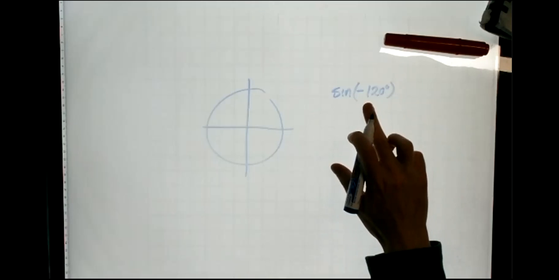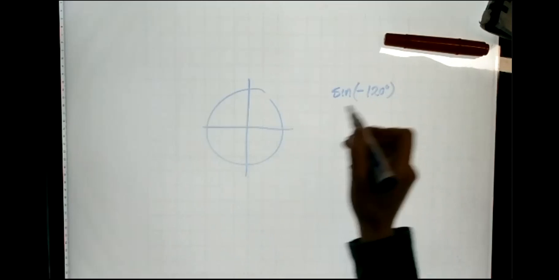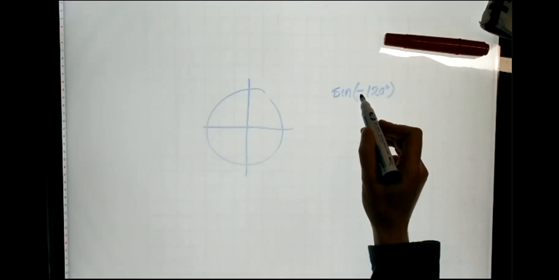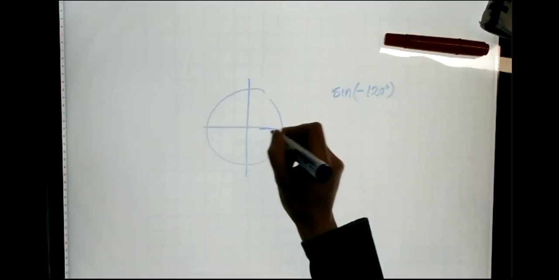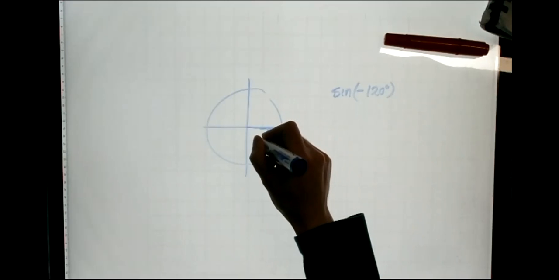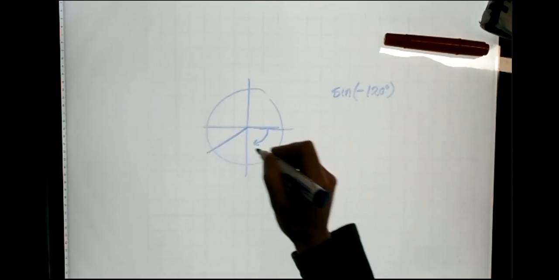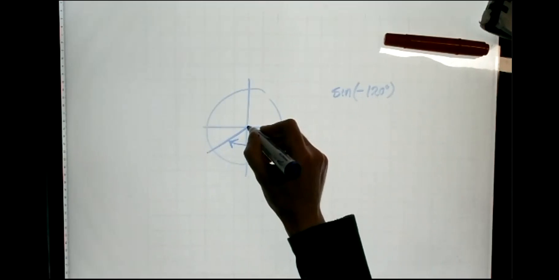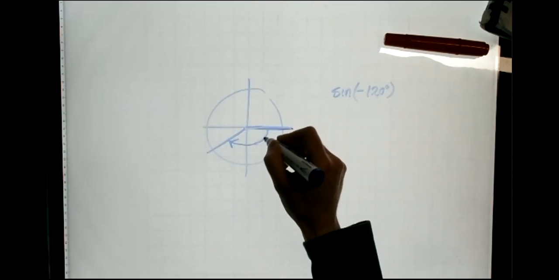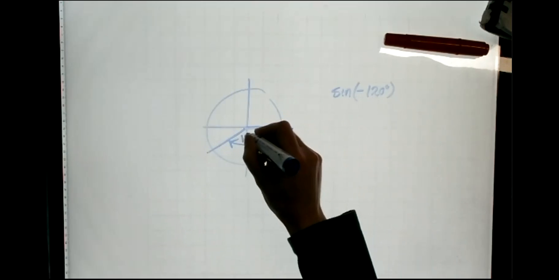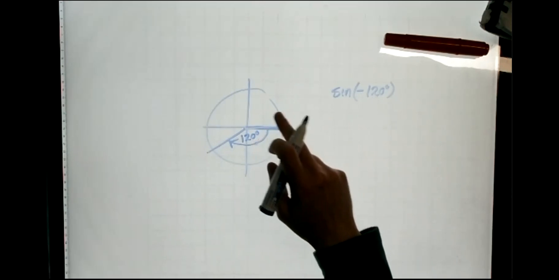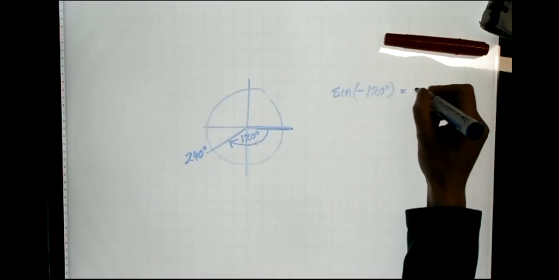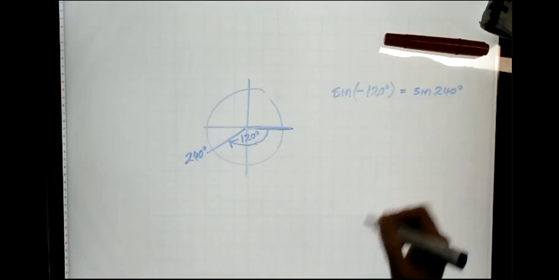Now minus 120 means the rotation is not anticlockwise but clockwise: because of the negative sign, we measure from the positive x-axis in a clockwise rotation. So we go back 120 degrees. Then 360 minus 120 gives 240, and the rotation lands at 240 degrees.